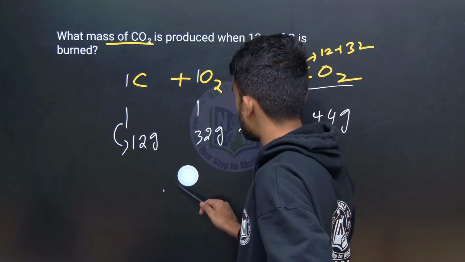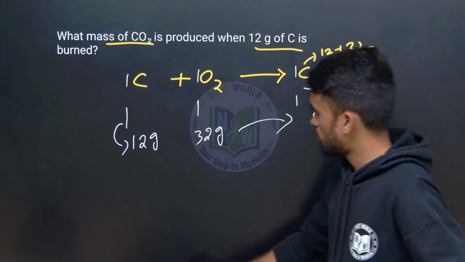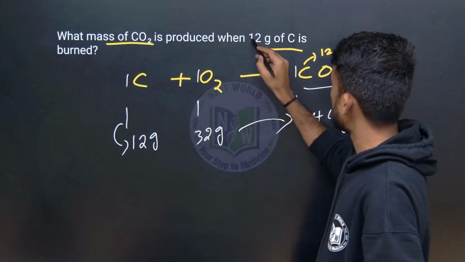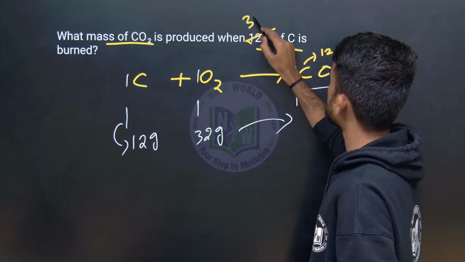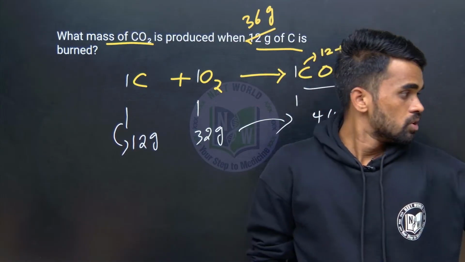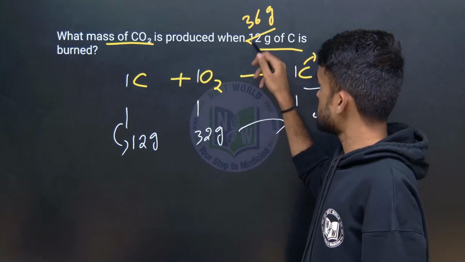Now I will be giving you one question. Okay, to the same thing. So I am changing this number. I think this question is clear now. So here I am taking, instead of taking 12, I am asking you to do it for 36 grams of carbon. So 36 grams of carbon is reacted here.